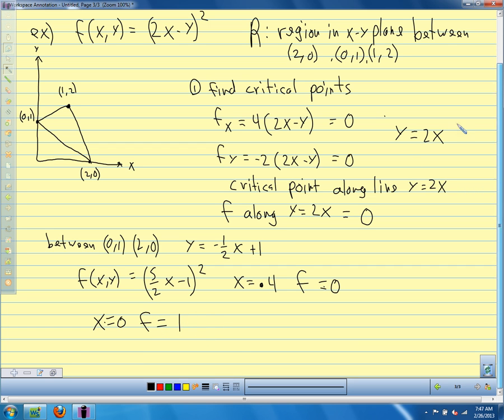When x equals 2, f equals 16. All right, so on that interval, my minimum is 0, and my maximum is 16. We're going to keep a list of these and see where our maximum and minimum is.